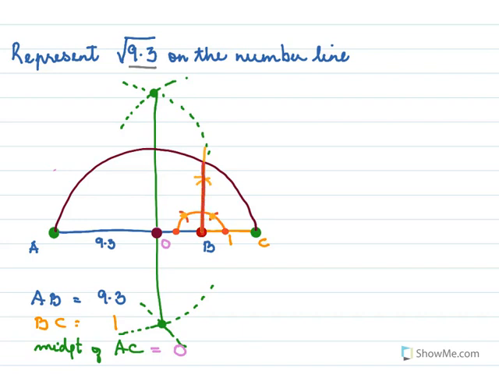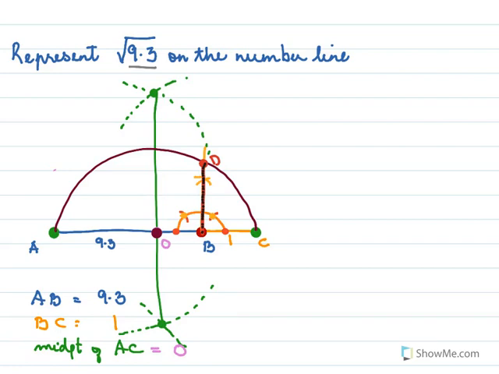Here, this line, you mark this as D, where it cuts the semicircle. This is BD. This is equal to √9.3. We will prove that later.